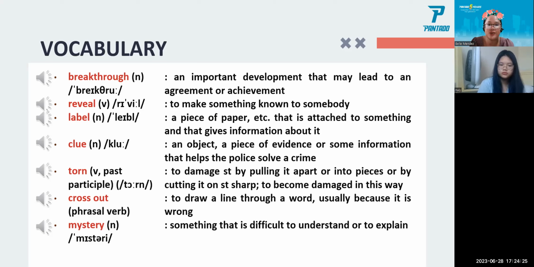Now, Nick, can you please use reveal in a sentence, please? I'll give you an example, Hallie.